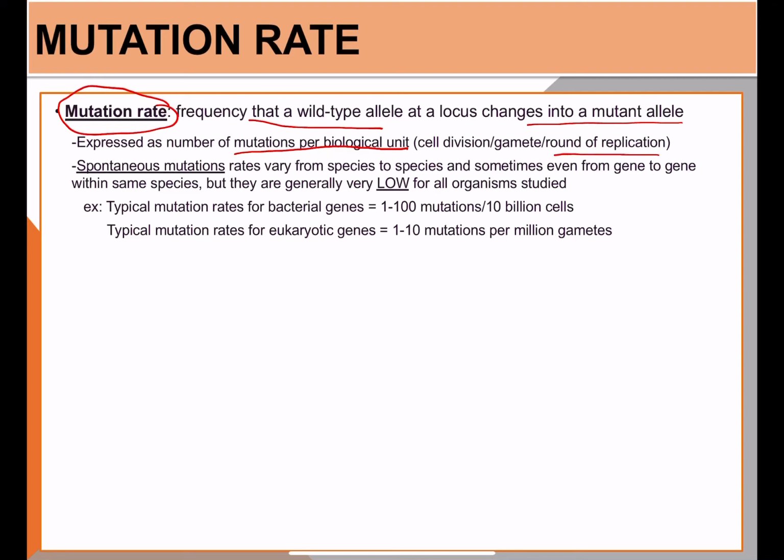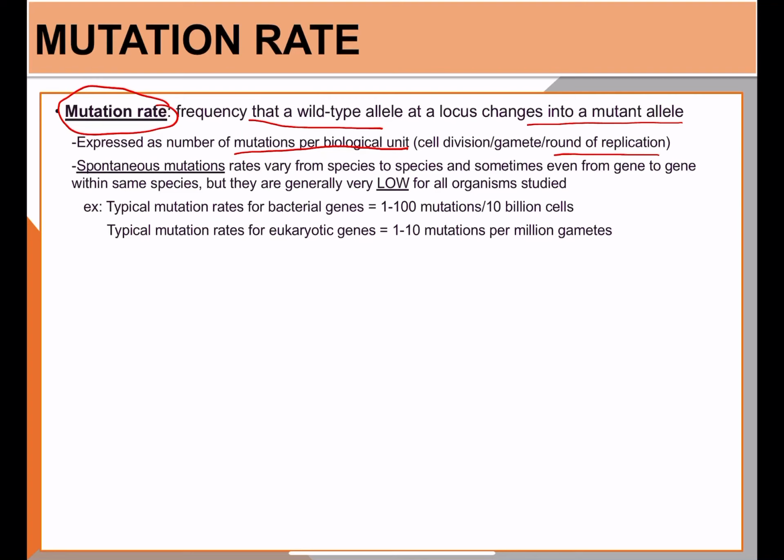So spontaneous mutation rates will vary from species to species and sometimes even from gene to gene within the same species, but they are generally very low. Regardless of what organism was studied, we find that the mutation rate spontaneously is very low, okay.